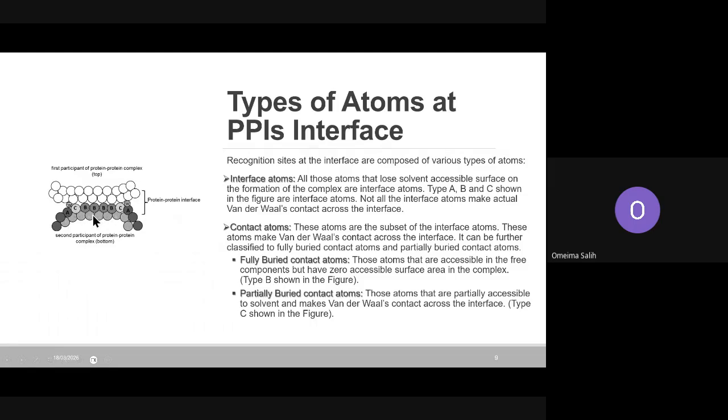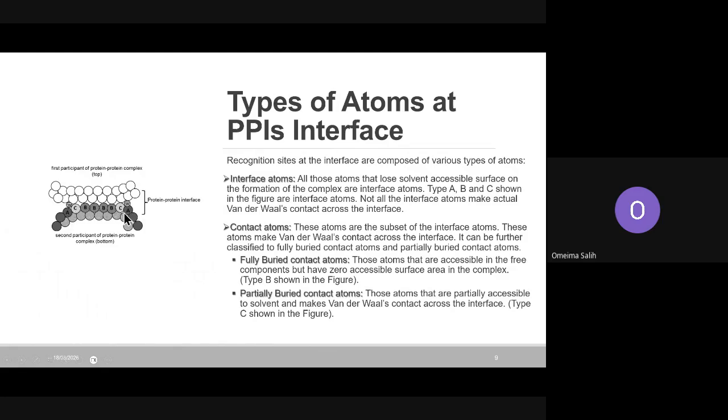They are in reaction with the other polypeptide chain, so they are not exposed to the solvents within the cell. So this type of buried atoms, like A, B, and C, all these are called interface atoms.